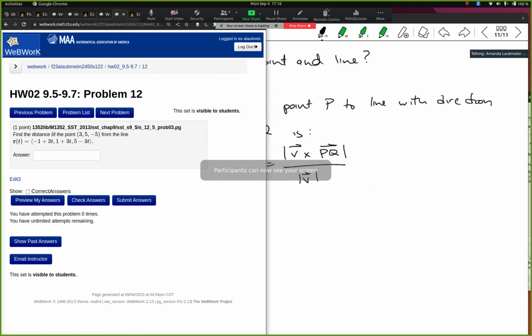Okay. So then coming back here, we're given the point is 3, 5, minus 5, and the line is r equal to minus 1 plus 3t, 1 plus 3t, 5 minus 3t.